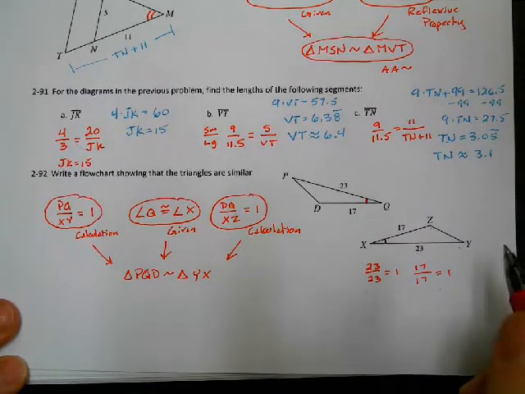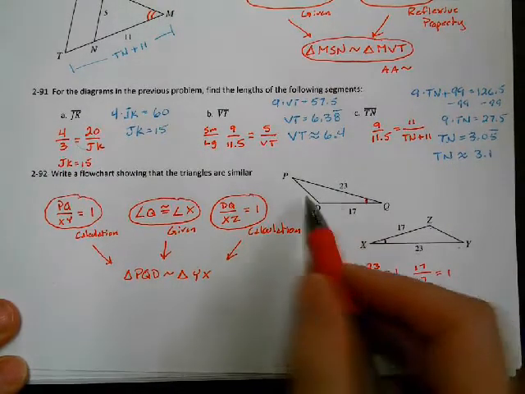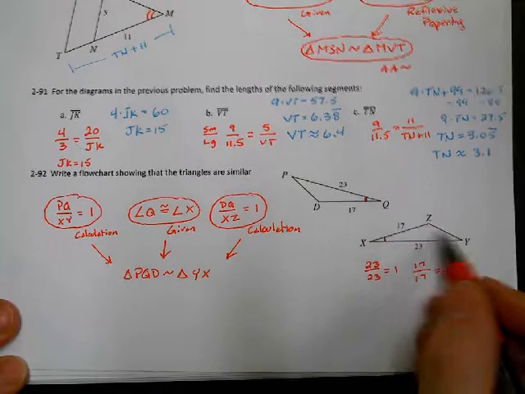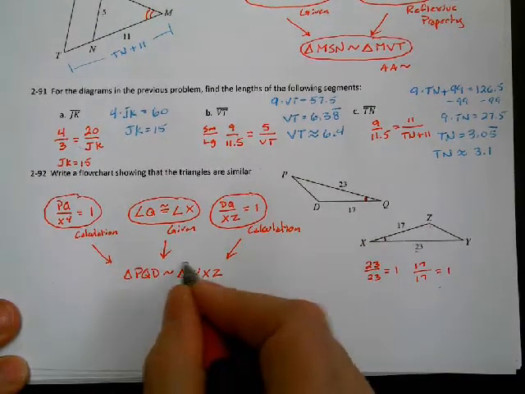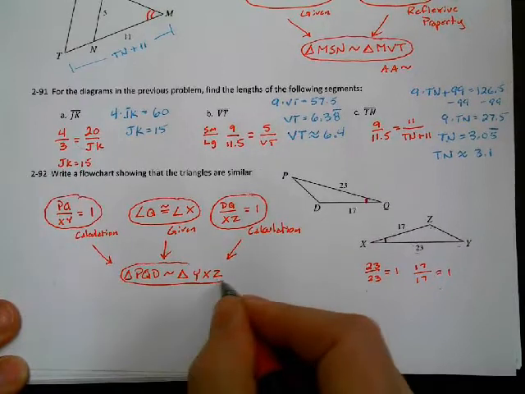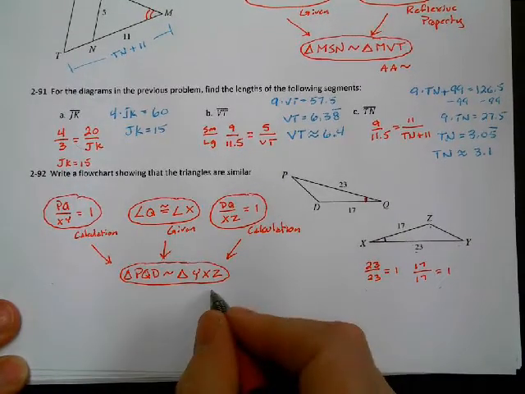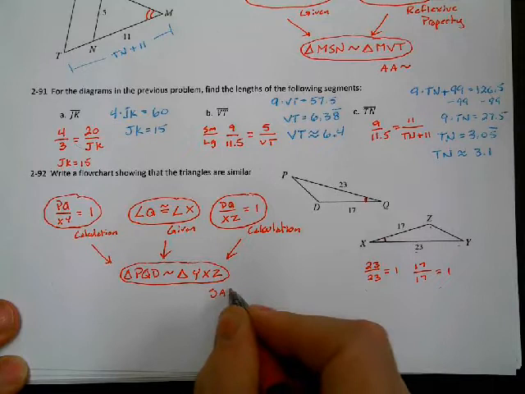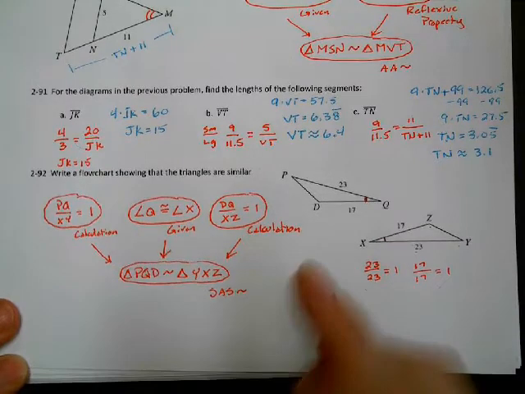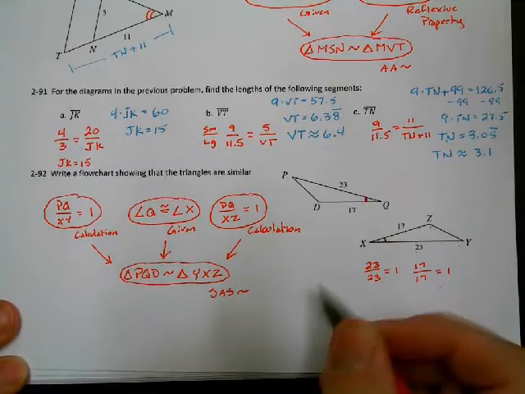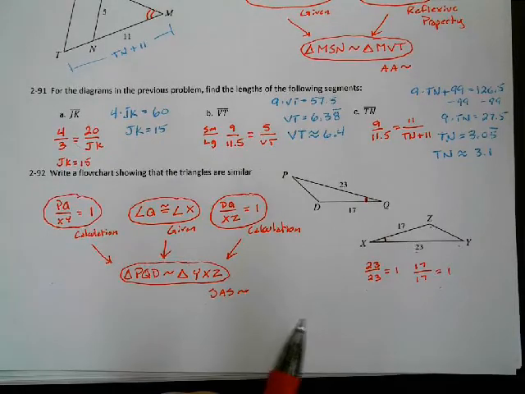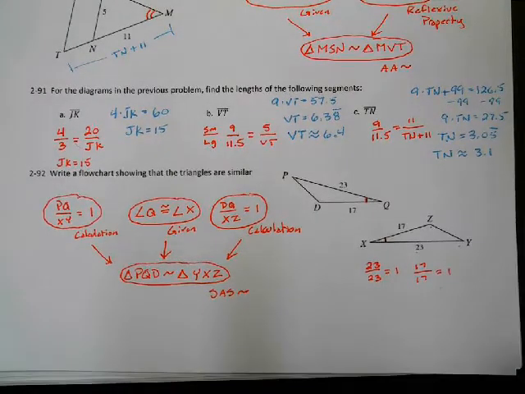So over here, Z is between 17 and blank. And our reason is we use side, angle, side similarity. Now, technically, we could have proven they're congruent, and we would have proven they're congruent by side, angle, side congruence instead. But since they had a scale factor of 1, we can also prove they're similar at the same time.